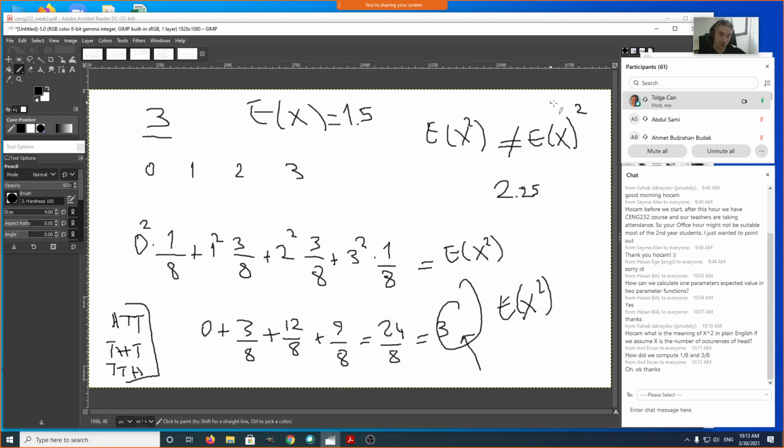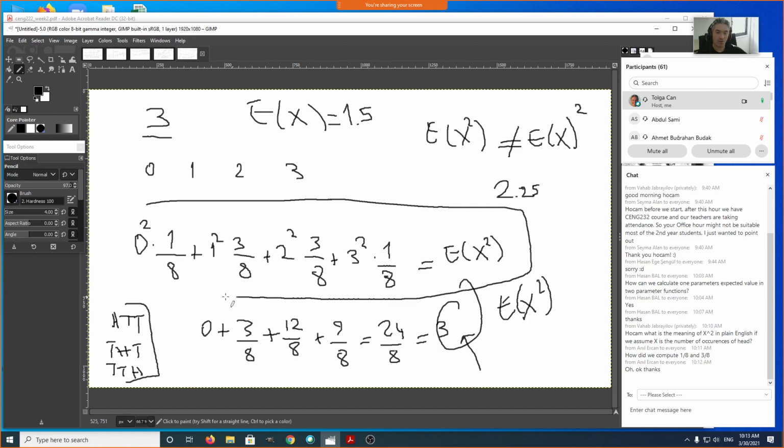Okay, so we have just shown with a counterexample that E of X squared could not be written like that. If you want to compute the expected value of a function of X, you have to write that function here and do a weighted average of g(x), whatever that function is.